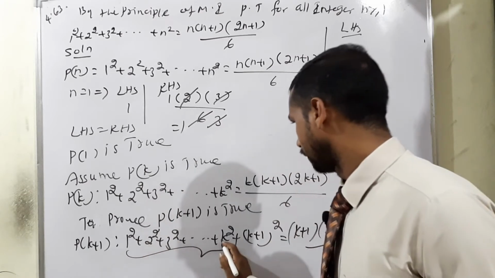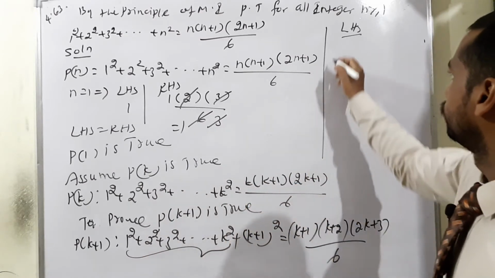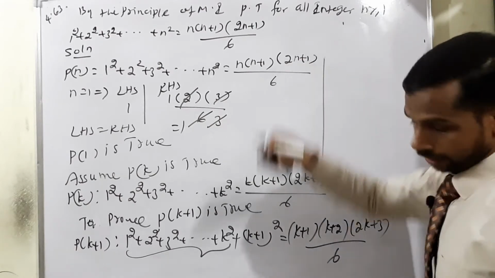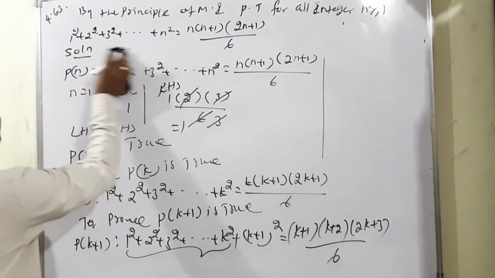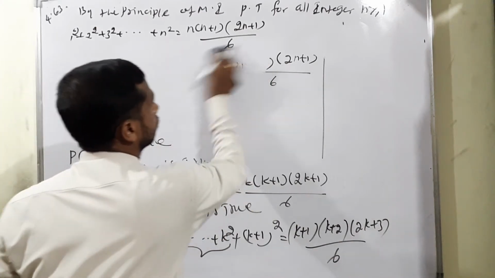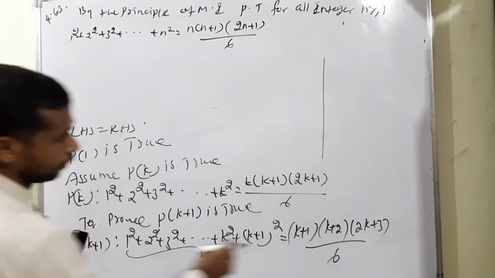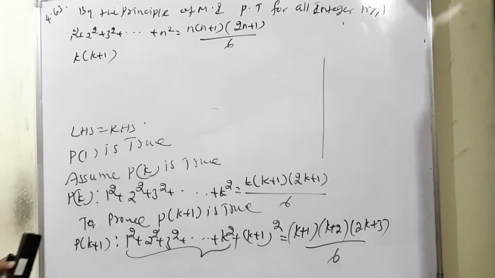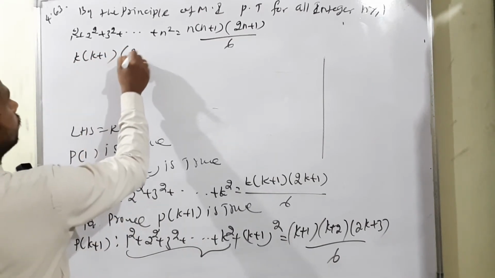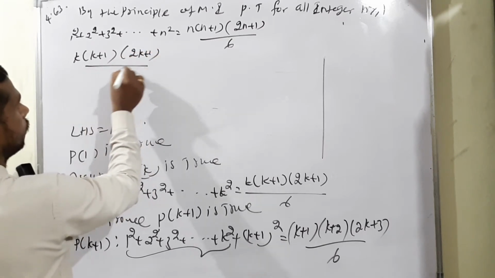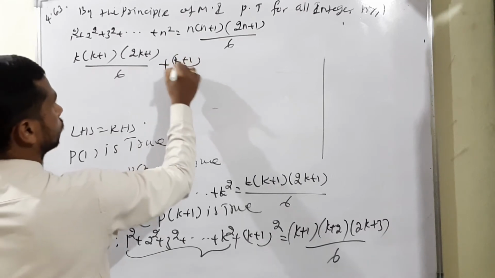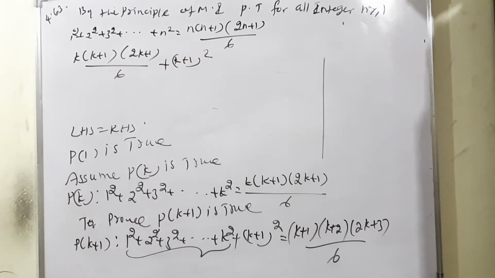Up to plus k square, we can write it k into k plus 1 into 2k plus 1 whole term divided by 6, then plus k plus 1 the whole square, isn't it? So now k plus 1 the whole square.